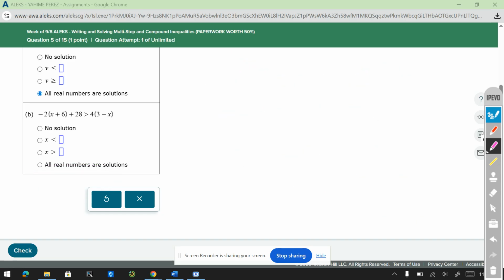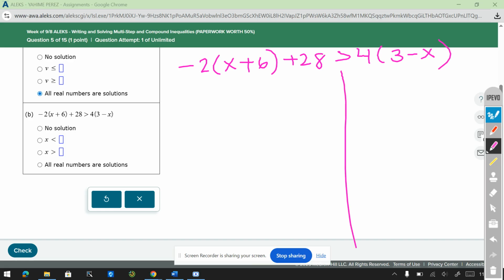Next one. So I'm splitting it at the symbol. I'm going to simplify the left side by first getting rid of this parentheses that I see by distributing. I'm doing negative 2 times x, which is negative 2x, and negative 2 times 6, which is negative 12.